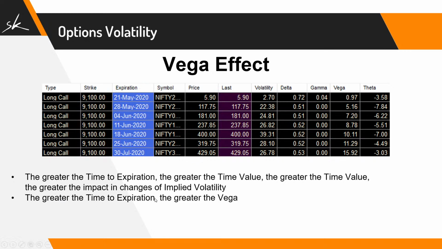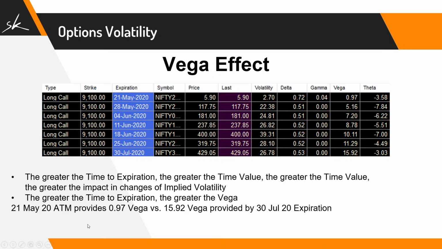Similarly, the greater the time to expiry, the greater the Vega, right? So that is what we just talked about. Now, if you look at this example, the 21st of May at the money provides a Vega which is 0.97 versus a Vega of 15.92, which is provided by the 30th of July expiry. So because we are further away, the time value will be big, and because the time value will be big, the impact of Vega would also be bigger.